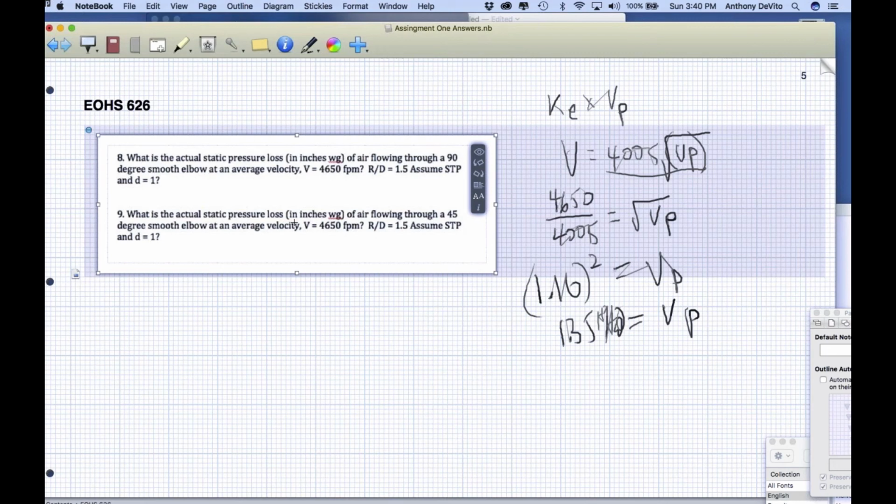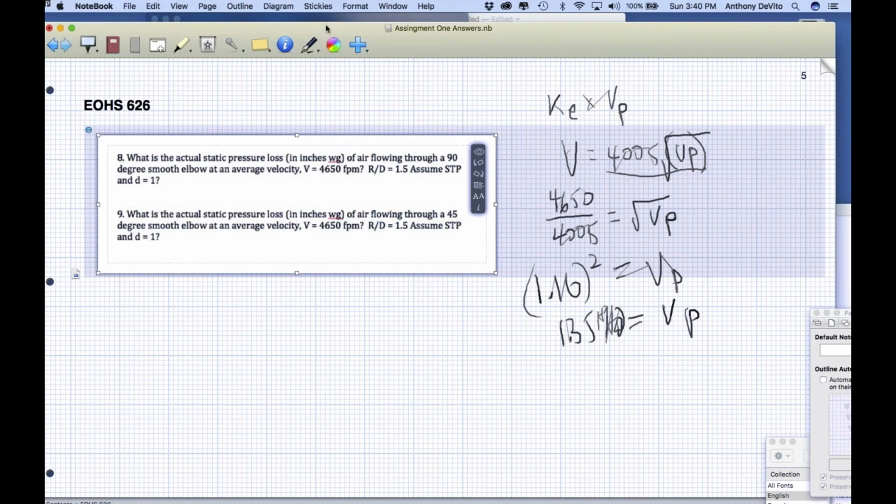What's the actual static pressure loss in inches of water of air flowing through a 45-degree smooth elbow at an average velocity of that same amount, and so on and so forth? Well, this time it's only a 45-degree elbow. We already looked up for a smooth elbow what the K factor would be.